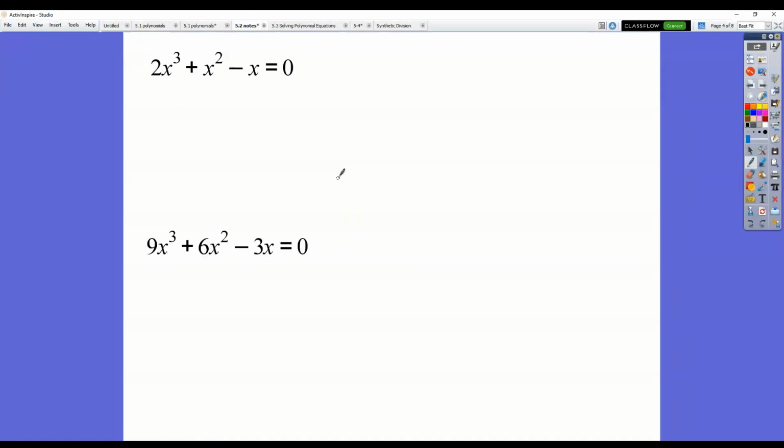Okay, we're still factoring. Again, you have to take out the greatest common factor. Okay, factor the trinomial.